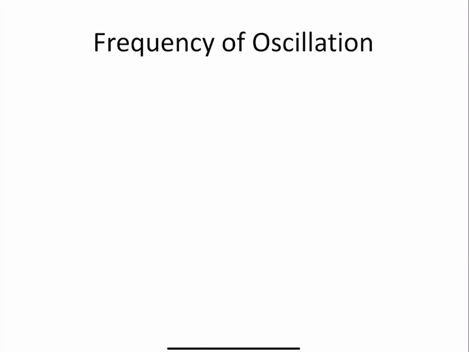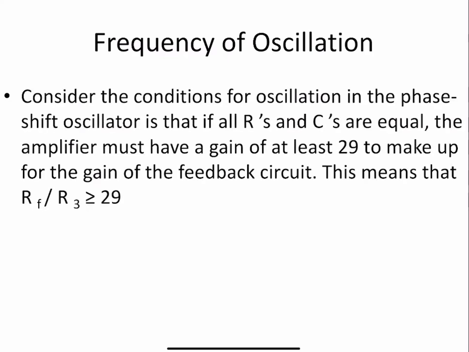Now next is the frequency of oscillation. Consider the condition in which all R and C values are equal. The amplifier must have a gain of at least 29 to make up for the gain of the feedback circuit. This means RF over R3 must be greater than or equal to 29 to get the desired frequency of oscillation.